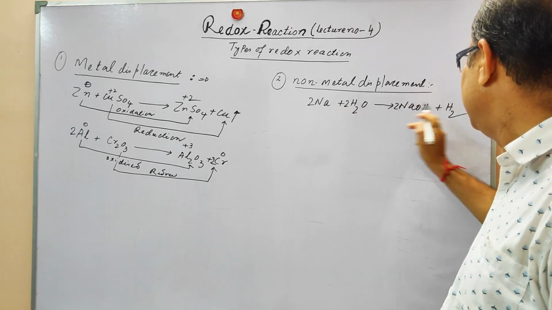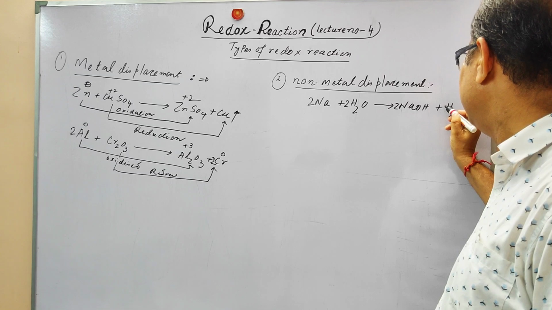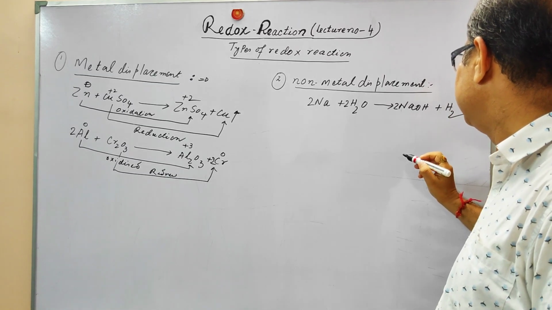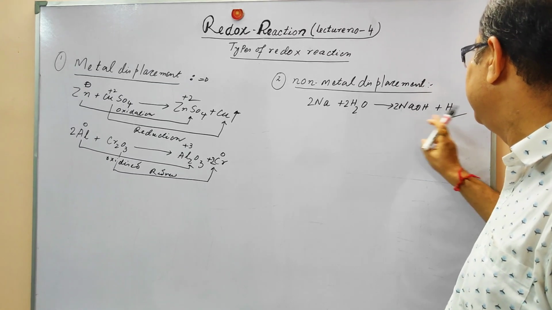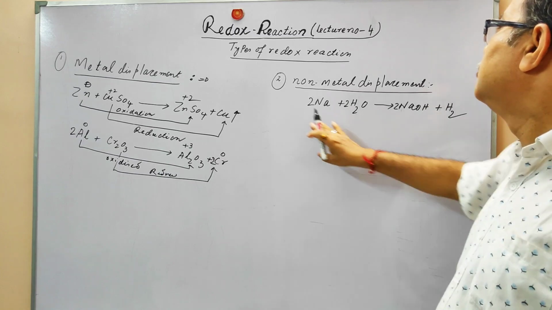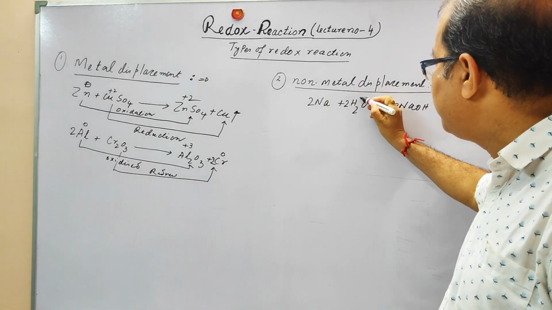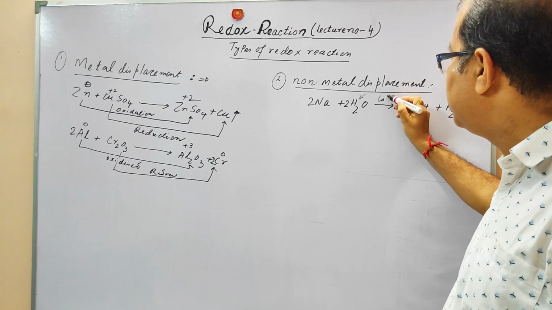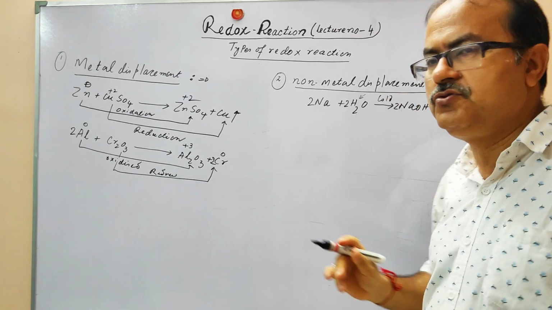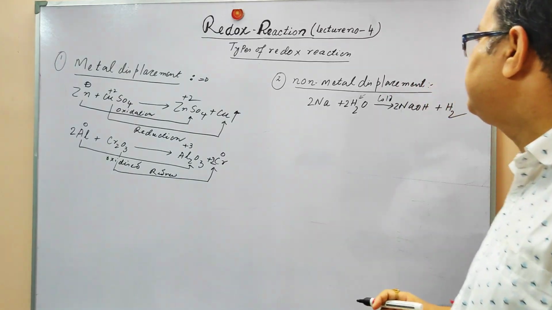You have to give 2. Okay, now it is fine. So sodium displaced hydrogen from the water, and it happens in cold conditions. There is no need to give any heat.